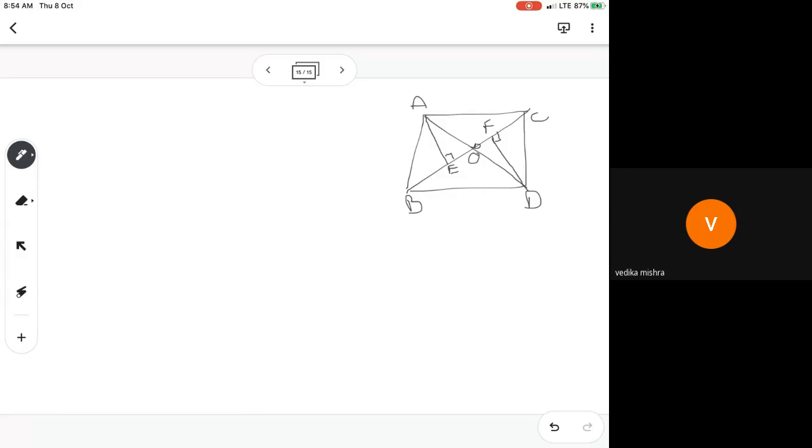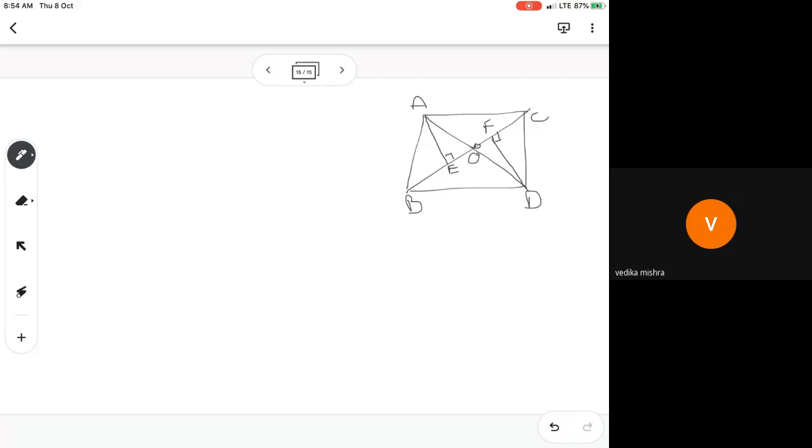And for triangle BDC, the base you consider as BC, then the height becomes DF. So the half will get cancelled. So let us see here. First I am going to write here. What is given here is that two triangles are having the same base. In the figure it is showing, isn't it? In the figure it is showing two triangles having the common base.